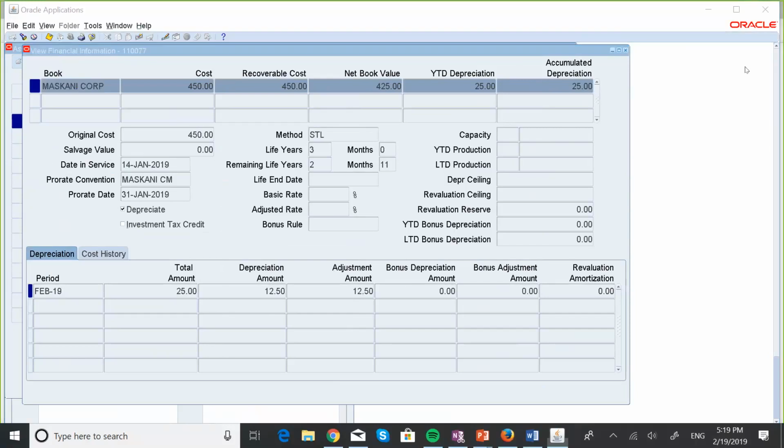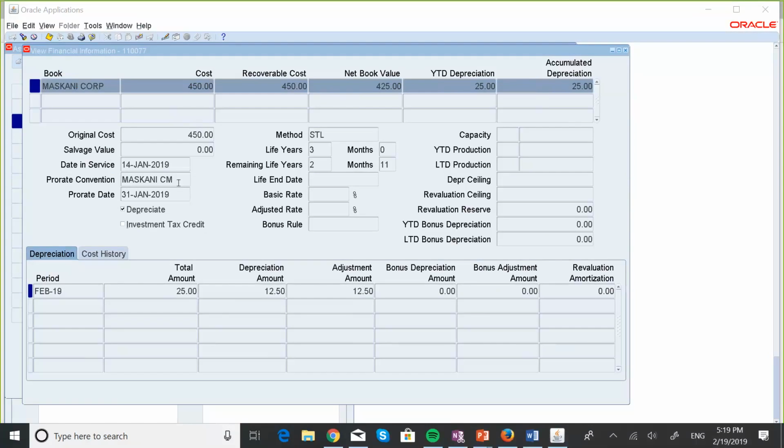So this asset's accumulated depreciation is $25. Some is an adjustment from when we changed the date placed in service. So the adjustment is depreciation from the previous period, which we chose to expense in the current period instead of amortizing.